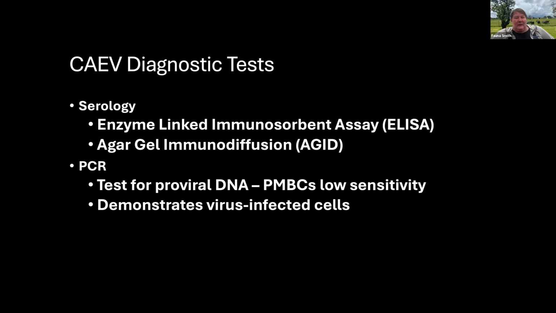It's going to demonstrate virus-infected cells, but because the infection rate of cells, which are the monocytes, is very low, and monocytes are already a smaller proportion of white blood cells than some of the other white blood cells, this has a low sensitivity.